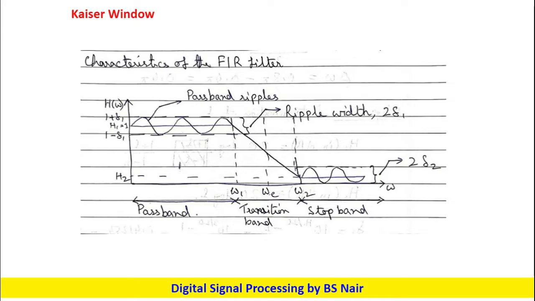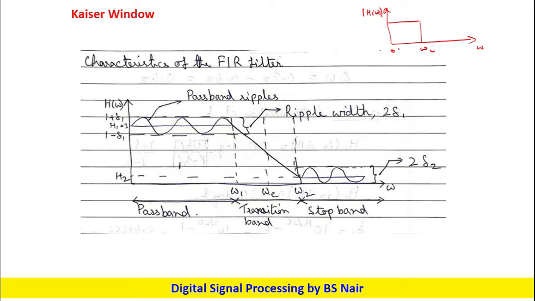When we are discussing the characteristics of the filter, let's see it in the frequency response of the filter. Under ideal conditions, for a low pass filter, this is omega, this is the modulus of H of omega. So for an ideal low pass filter, it is something like this. Omega c is there.